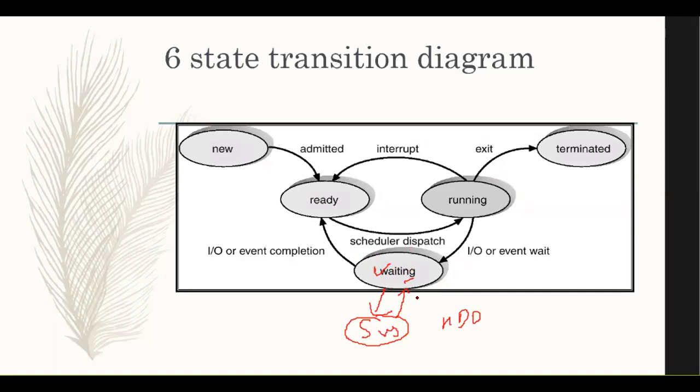Now, there is one more possibility, and that is I can directly send a process from suspended state to the ready state. Now, why can I do this? Can you explain this thing?